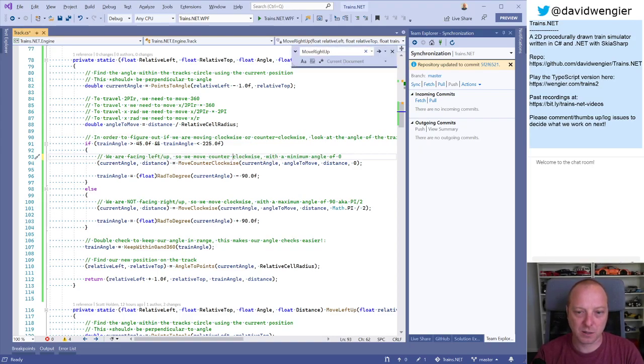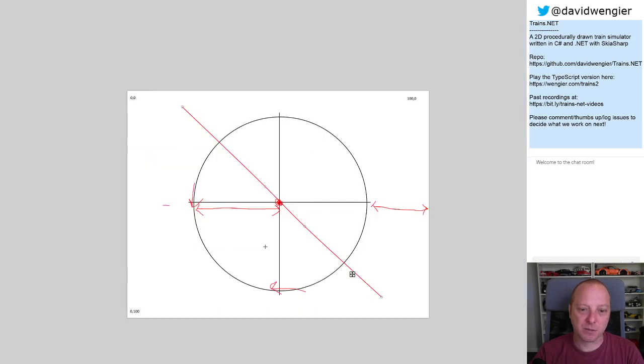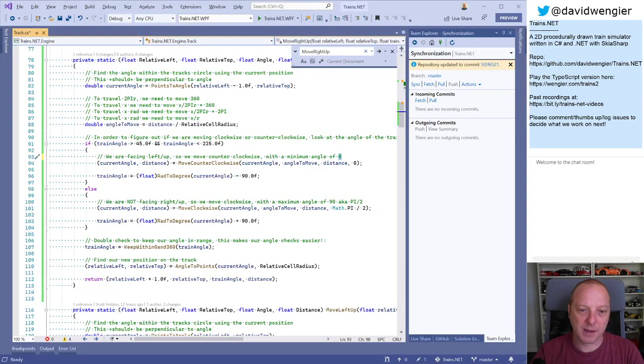So we move counterclockwise. Now our minimum angle. So we're going this way. A minimum angle here would be 360, but that's a maximum angle. That's odd.